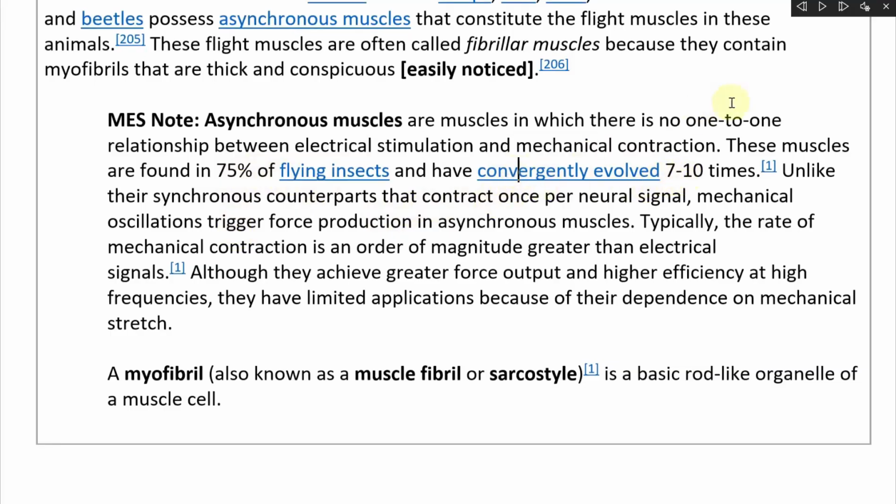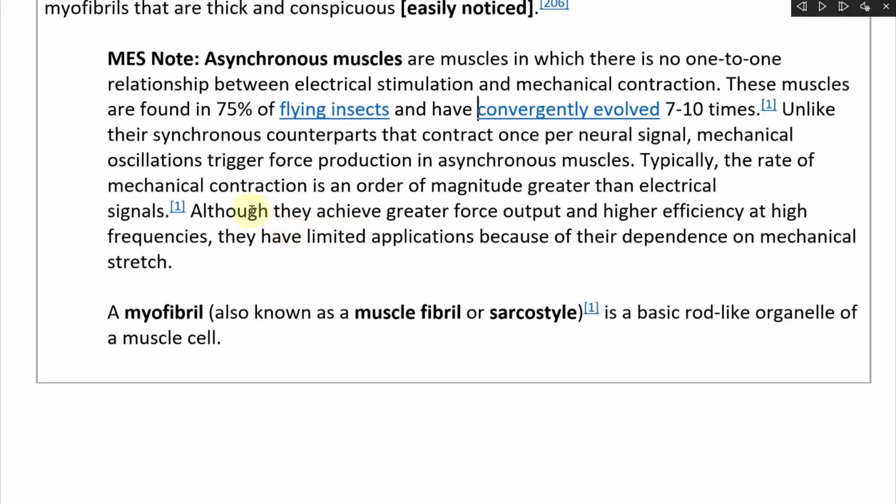Unlike their synchronous counterparts that contract once per neural cycle, such as skeletal muscles, mechanical oscillations trigger force production in asynchronous muscles. Typically, the rate of mechanical contraction is an order of magnitude greater than electrical signals.